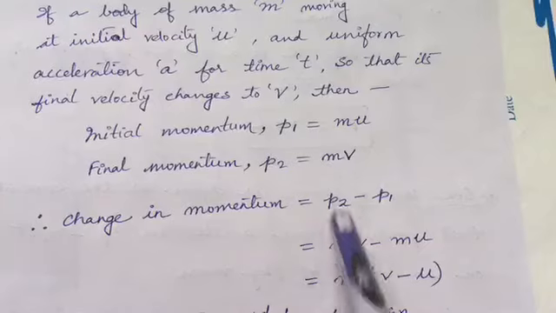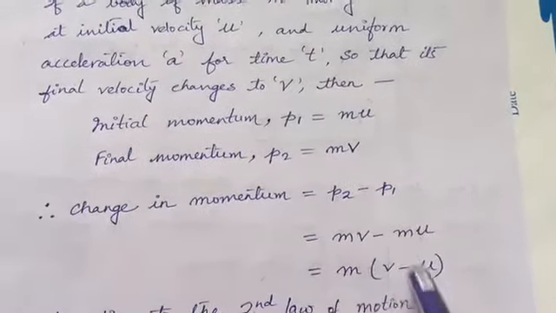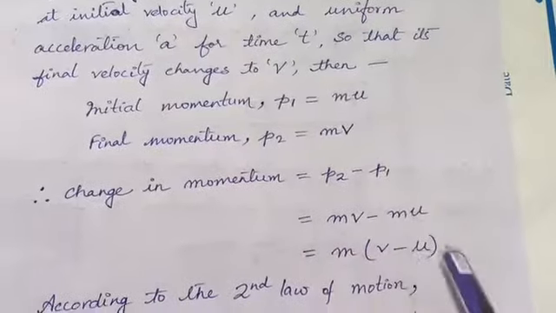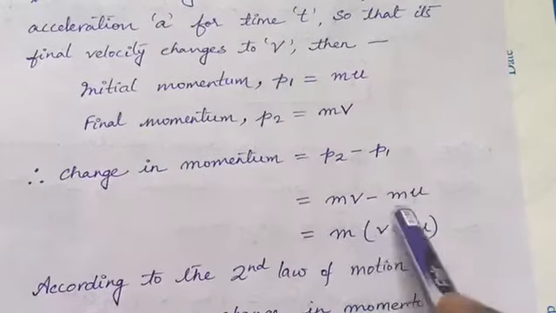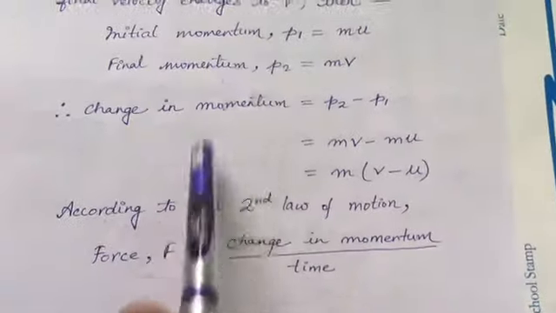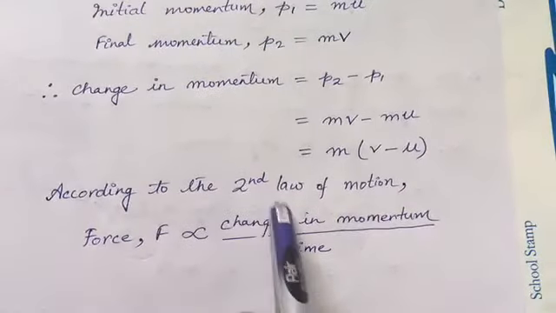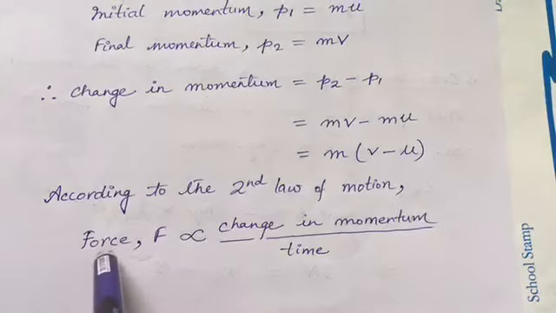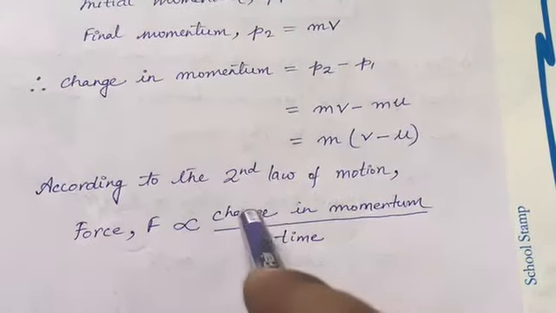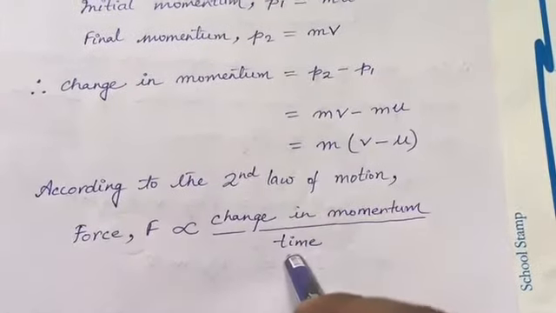So p2 means mv and p1 means mu. Taking m as common, we get m into v minus u. So according to the second law of motion, force F is directly proportional to the change in momentum by time.